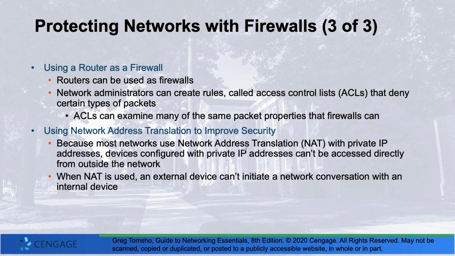As I said before, you can use a router as a firewall. Remember, routers are just supposed to route packets. Using them as a firewall slows your network down. Okay? So your network administrator is going to create access control lists in the firewall. And remember, we said you should use defense in depth.